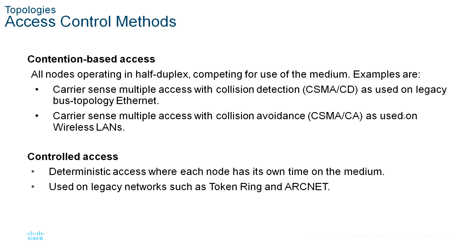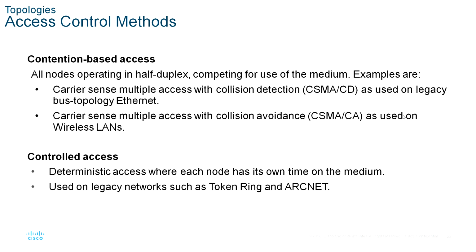Next one, controlled access. In a controlled access multi-access network, each node has its own time to use the medium. These deterministic types of legacy networks are inefficient because a device must wait its turn to access the medium.